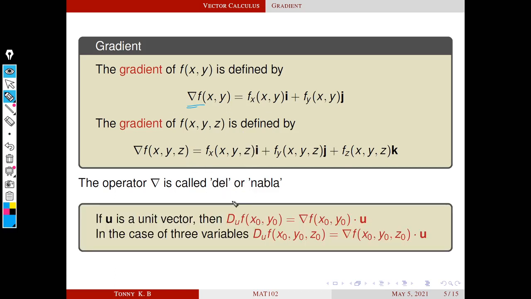With the help of this new definition, we can write our directional derivative like this: the directional derivative of f at this particular point is equal to del f at that point dot u, where u is the unit vector. In the case of 3D, the left side is again del f, but the only difference is that it involves three variables, dotted with u. Now it is clear that this u is a three-dimensional unit vector.